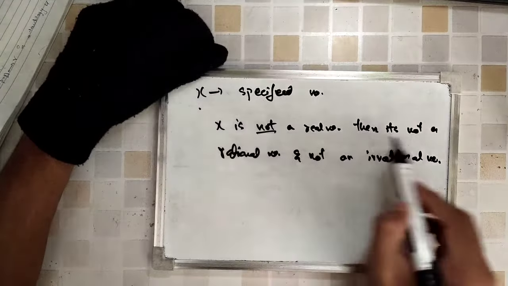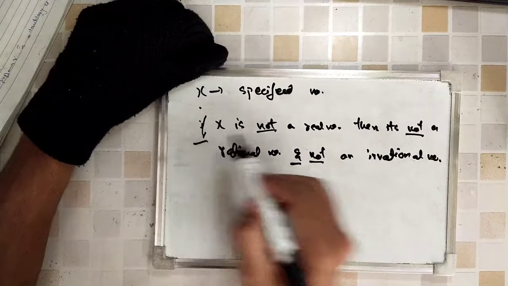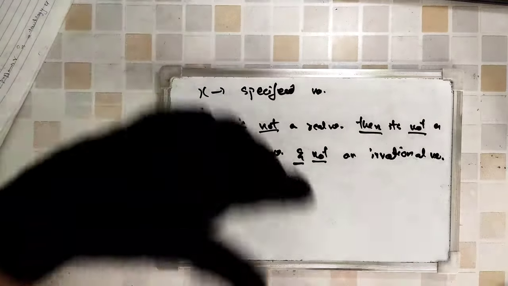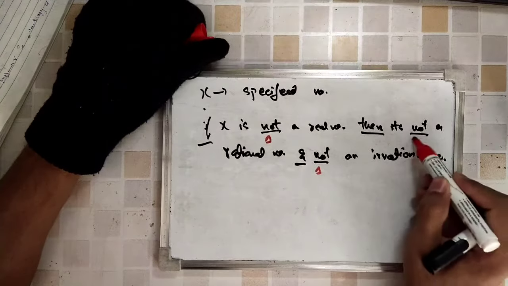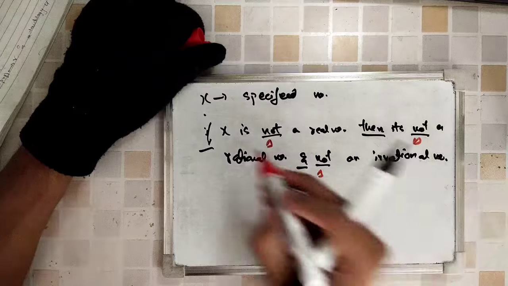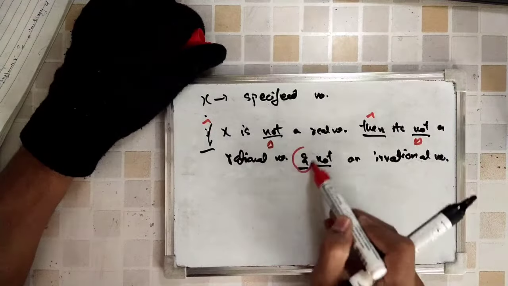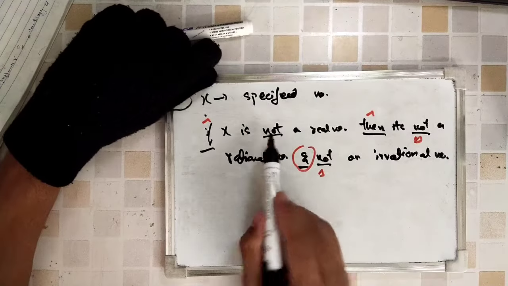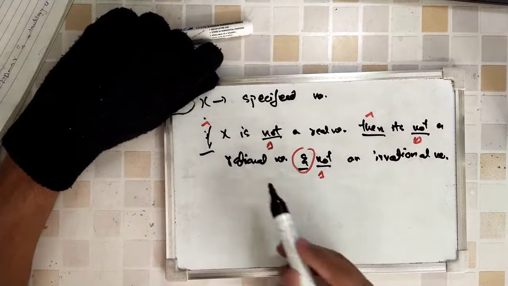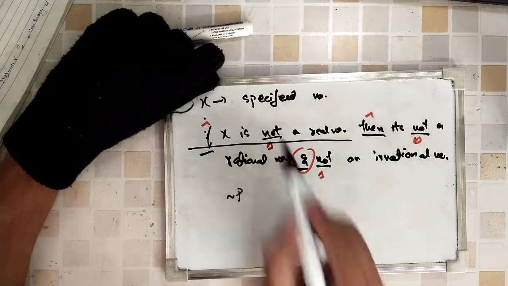So we have not, and, if then. Here only the and is there, so there are three different things. You can either take this whole thing as proposition P, or you can take it as negation P because not is there.